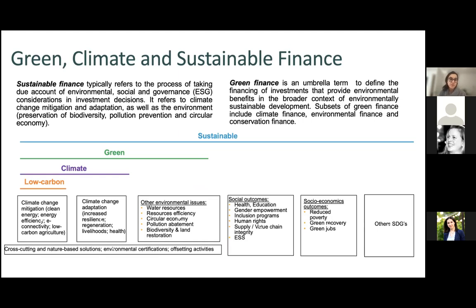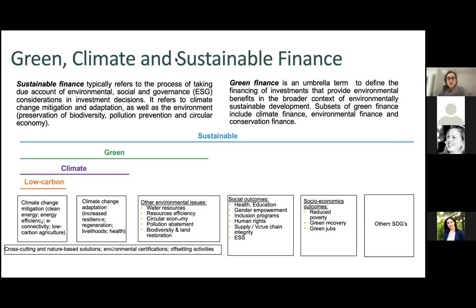Low carbon is very much a mitigation-oriented part of the equation, while climate would include both mitigation and adaptation. Green, in comparison to the two, also has very specific environmental considerations, while sustainable is the all-encompassing definition that also considers aspects of social outcomes. We will see this in the ESG, for example. Maya will talk about this, what relates to health, education, human resources, gender empowerment, and so on.